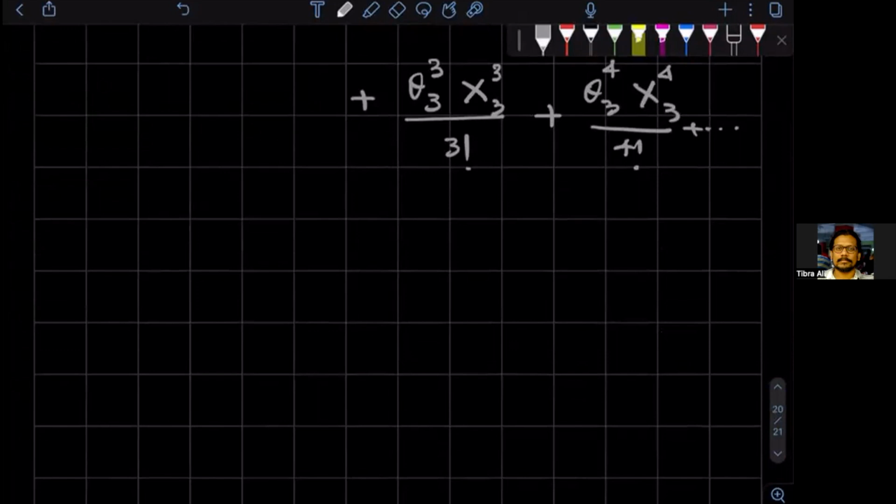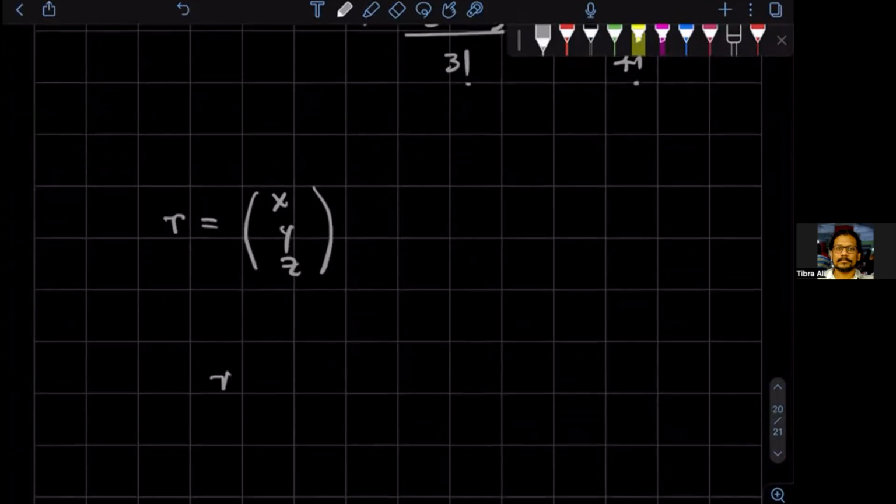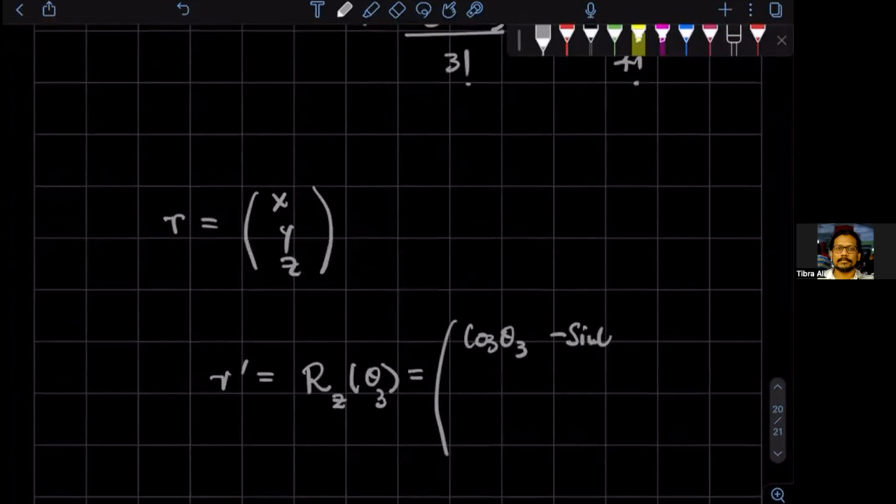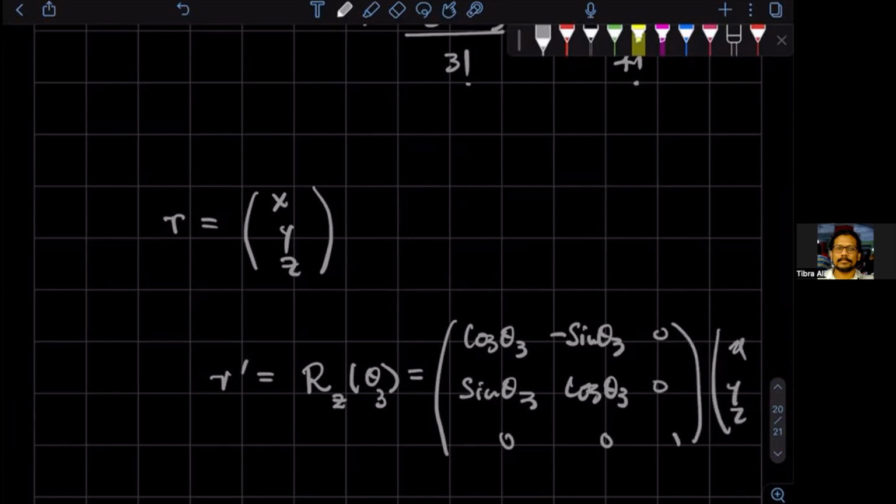So let's verify that. Let's take a vector r, so we have x, y and z. And r prime is going to be r rotated around z by angle theta 3. Then this is the matrix cosine theta 3, minus sine theta 3, 0; sine theta 3, cosine theta 3, 0; 0, 0, 1, acting on x, y and z.